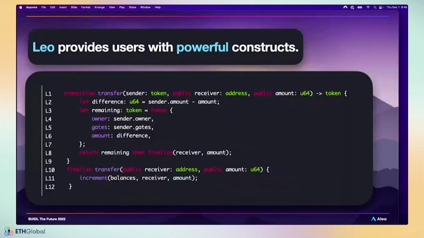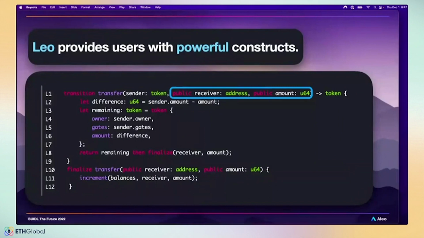So how do we actually interact with mappings? Here we have a modified version of the original transfer function, or transfer transition. Let's walk through it and see what the differences are. First of all, we added two public modifiers for receiver and amount.